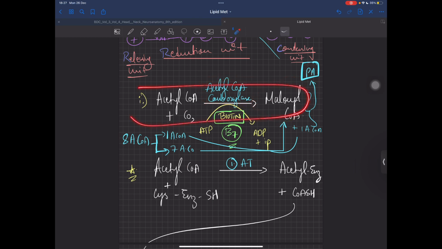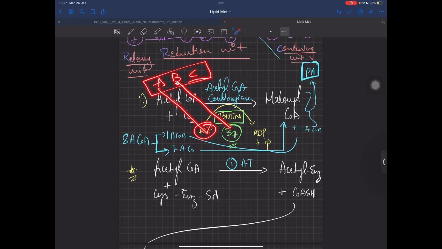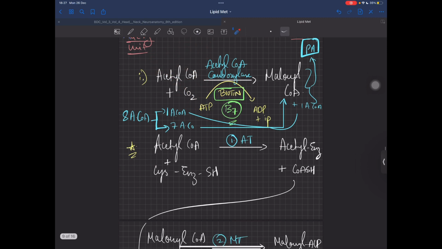This reaction is a carboxylation reaction, and a carboxylation reaction requires ABC in short: A being ATP, B being biotin, C being carbon dioxide. So ABC is required in a carboxylation reaction, and this is the rate limiting step.